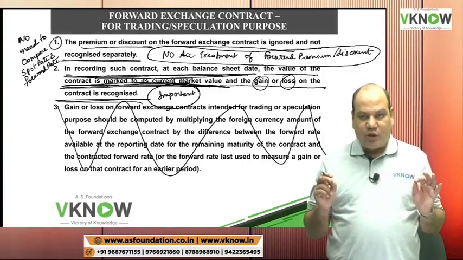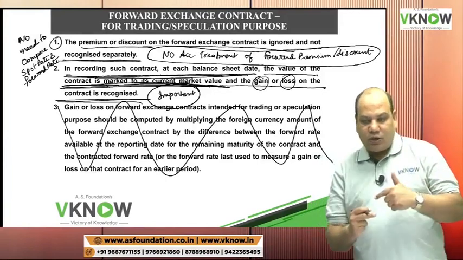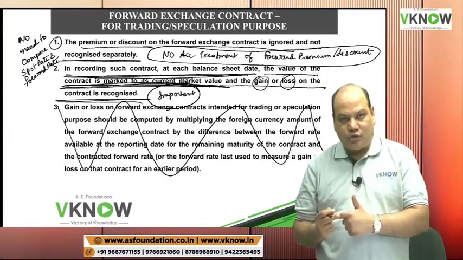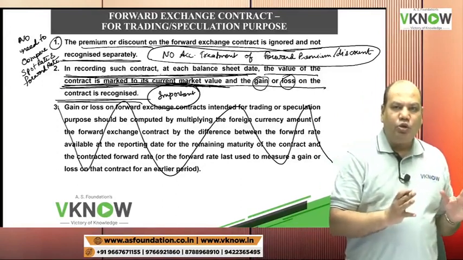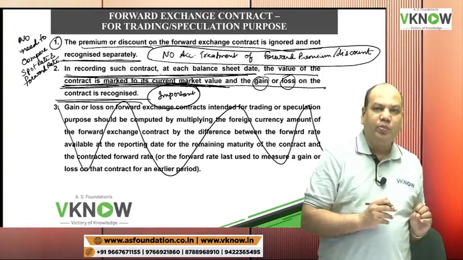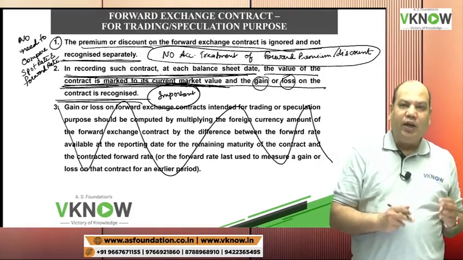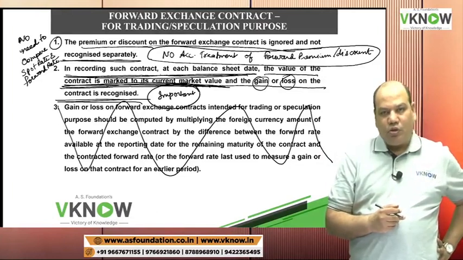Because the objective is to make profit or loss, the standard says as the exchange rate changes, you calculate how much gain or loss you are making on this contract, and accordingly you recognize it.